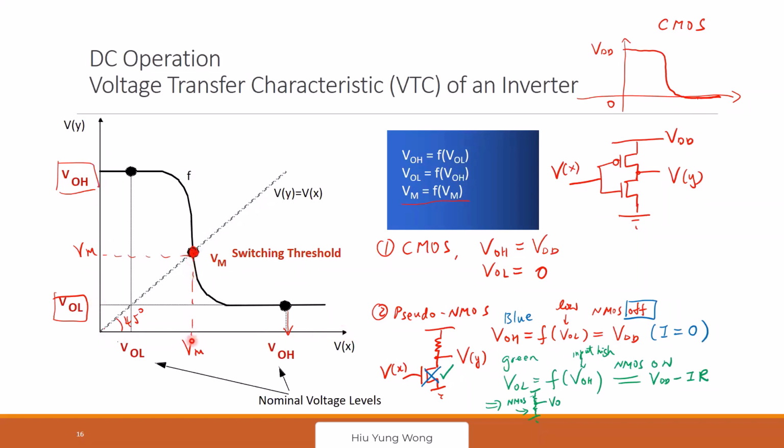So you draw a vertical line, then this is the VM that makes input equal to output. That is VM. The voltage that makes the output equal to the input is VM. Okay, got it. And if you want to solve it analytically, you solve this equation, which we are going to do later. Okay, good question, right? Other questions?